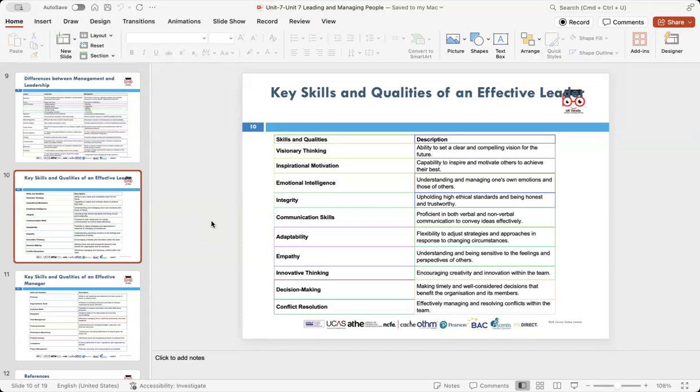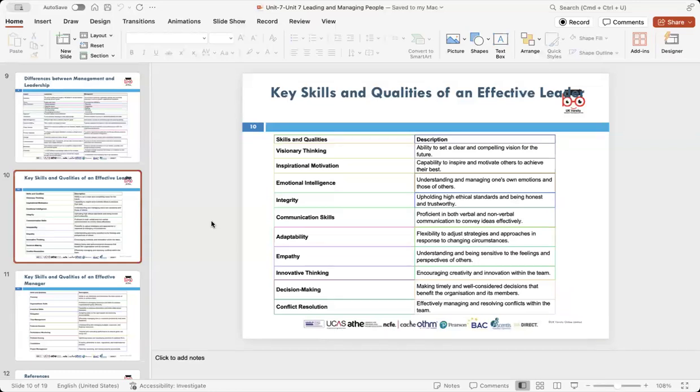Inspirational motivation helps leaders encourage and uplift their team. Emotional intelligence enables leaders to manage their emotions and understand others' feelings. Integrity means being honest and ethical in decisions and actions. Strong communication skills help leaders express ideas clearly.